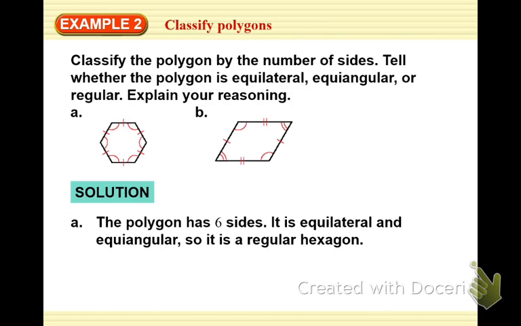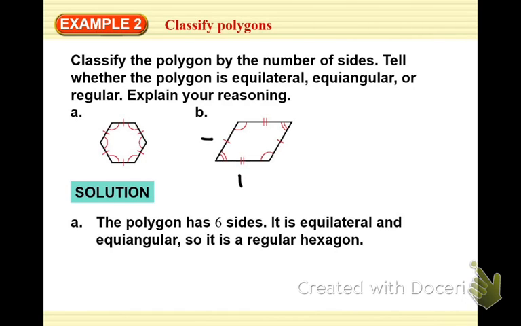Okay, take a couple seconds to think about it. Number of sides, then is it equilateral, equiangular, or can we call it regular because it's both? Okay, so number of sides, it's got 1, 2, 3, 4. It makes it a quadrilateral. And if you look, this side and this side do not have the same number of tick marks in them.